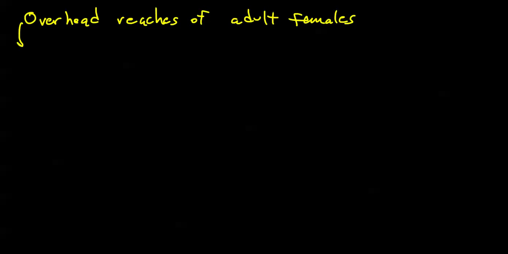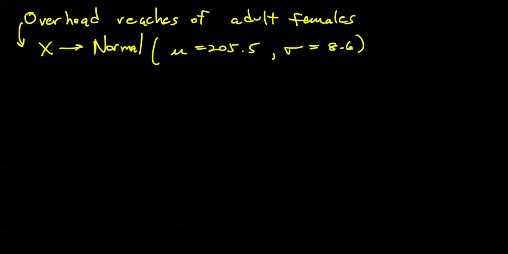I'm going to let X represent a measurement of all the overhead reaches of all the adult females of all time, and I'm going to claim, or actually our textbook claims, that these overhead reaches of adult females follow a normal distribution with a mean of 205.5 inches and a standard deviation of 8.6 inches.